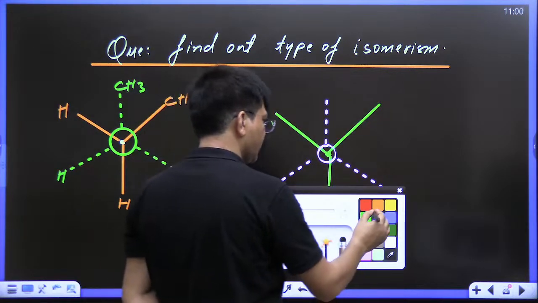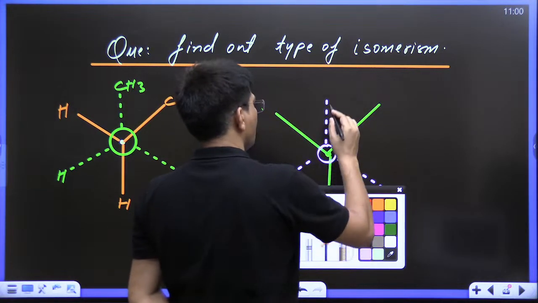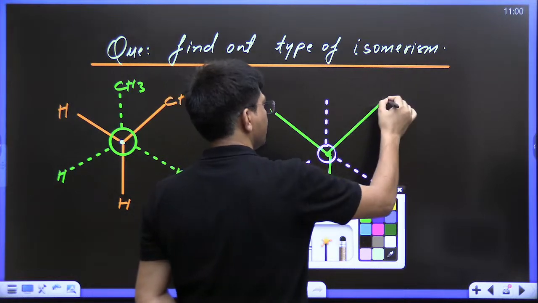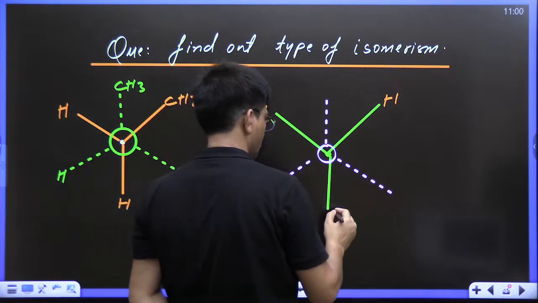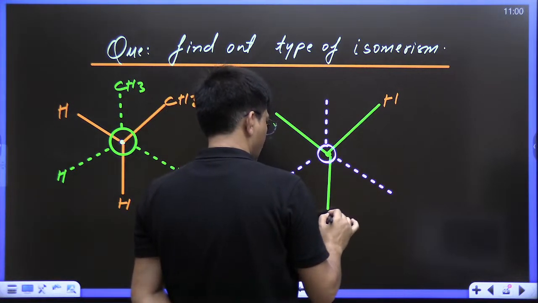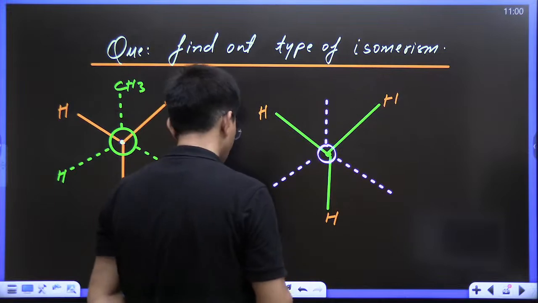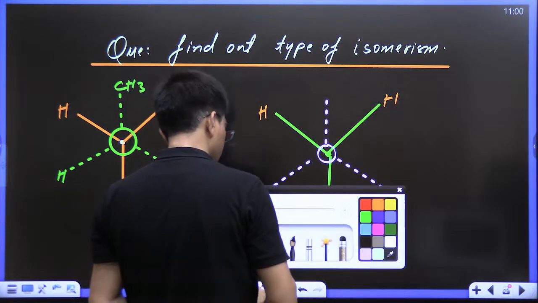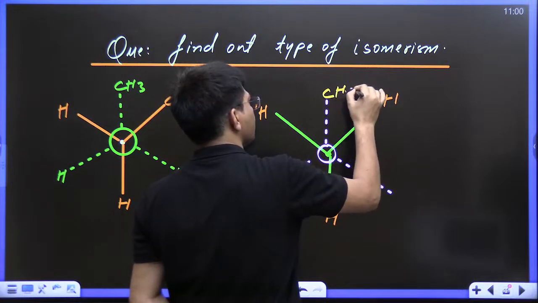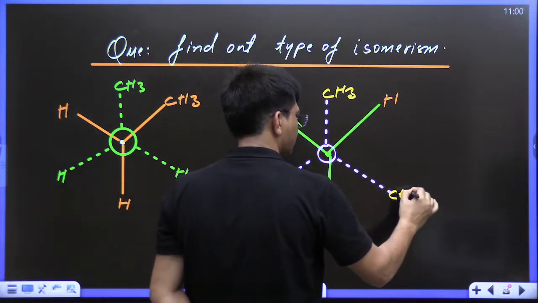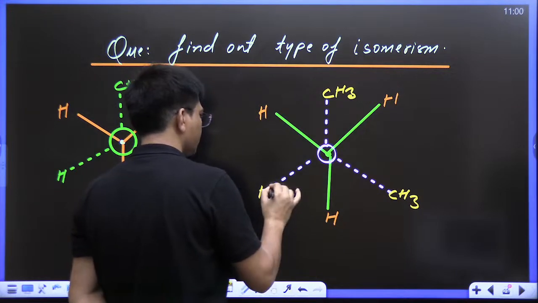On the front carbon we are having hydrogen, hydrogen, hydrogen, and on the back carbon I'm having methyl, methyl, hydrogen.